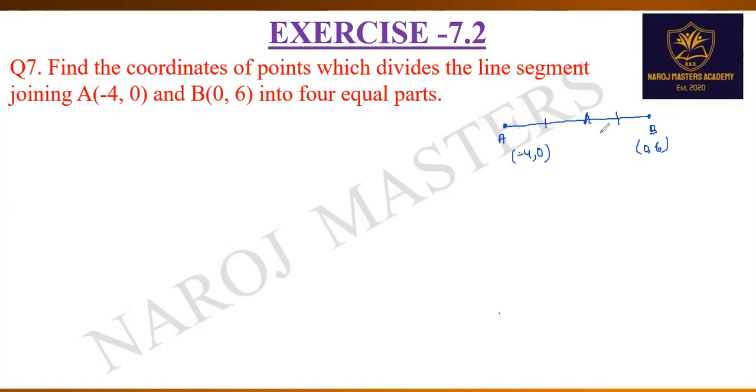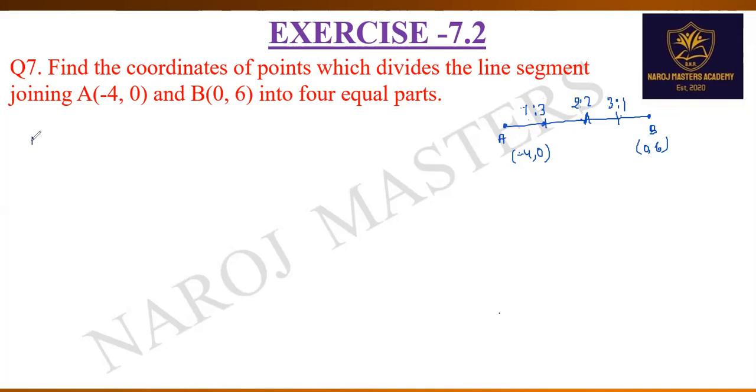To find these coordinate points, if you take this point, here 1 unit and this side 3 units. So it is 1 is to 3. Here it is 2 is to 2. Here it is 3 is to 1. Take 3 times. So the first time m1 and m2 are 1 is to 3.